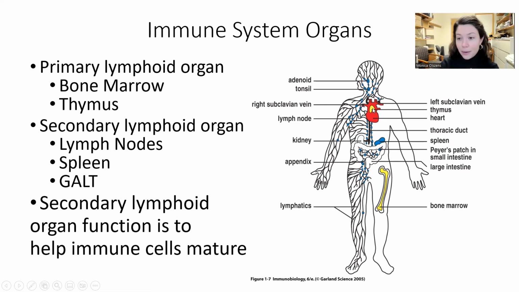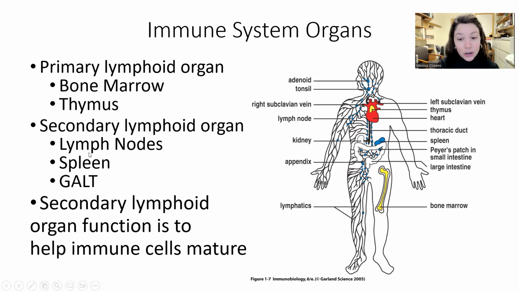Hooray for good color coding. They're your primaries. And primaries either mean where they're created or where they're educated. So bone marrow is creation and thymus is education. All right, and then the secondaries are where they go to await their assignments.